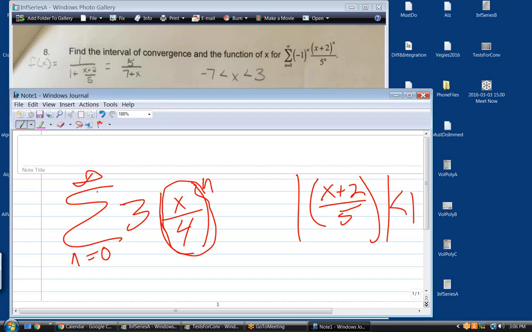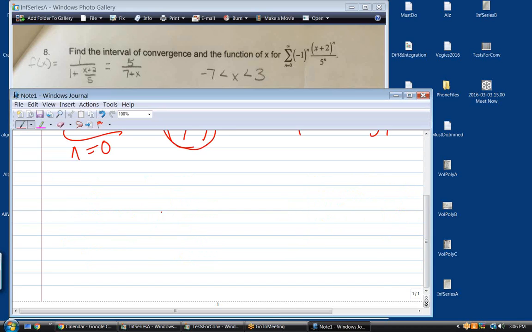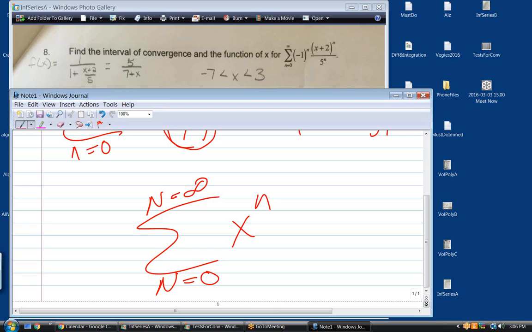With the interval of convergence, is it always set to be less than 1? Is 1 always the number you're dealing with? With a geometric series, obviously when x is greater than 1, that series does not converge. Put in an x of 2: you have 1 plus 2 plus 4 plus 8 plus 16. That's doing nothing but going up.